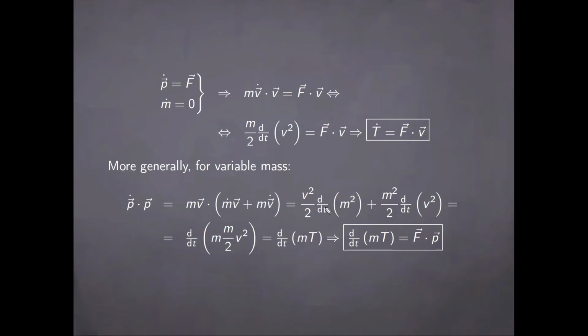As such, we can combine the terms in the time derivative of m multiplying m over 2 multiplying v squared, which is simply the time derivative of mass multiplying kinetic energy. And the result is that the time derivative of mass times kinetic energy is equal to the dot product between force and linear momentum.